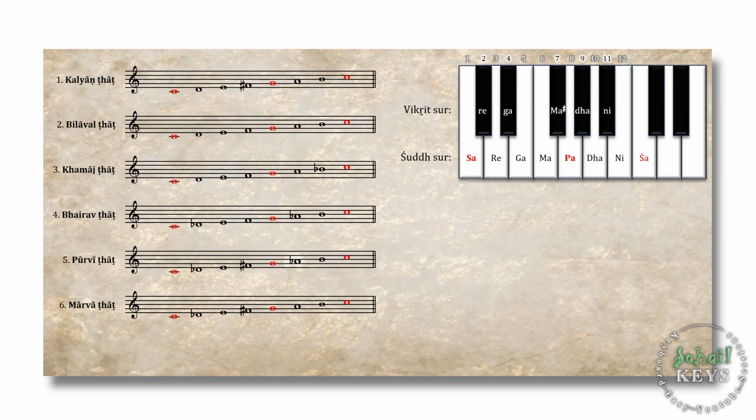The next 3, Bhairav, Purvi and Marwa, have Komal Re and Śuddh Ga.